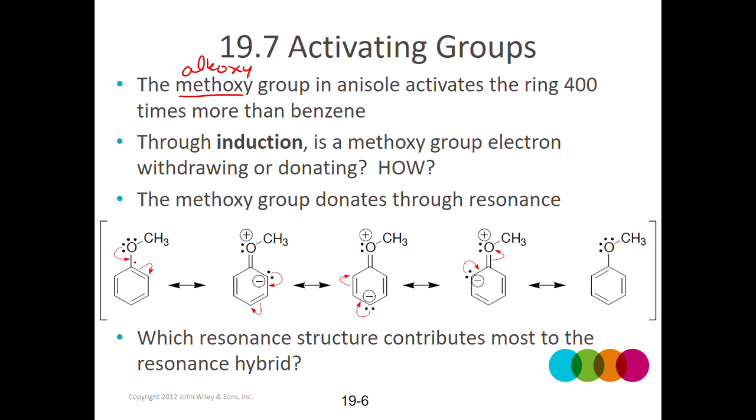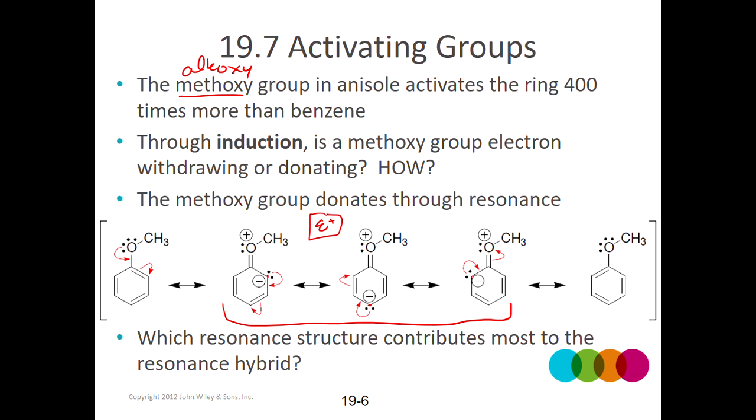But putting the oxygen directly connected to the ring has a big impact on this reaction because the lone pair of electrons on the oxygen can shift in through resonance and create some of these minor but significant resonance contributors. And since these resonance contributors have a little partial negative at the ortho and para positions to that methoxy group, whatever electrophile I add, it's more likely, I can imagine, that it'll be the ortho or para positions that are starting to attract to and connect with the electrophile.